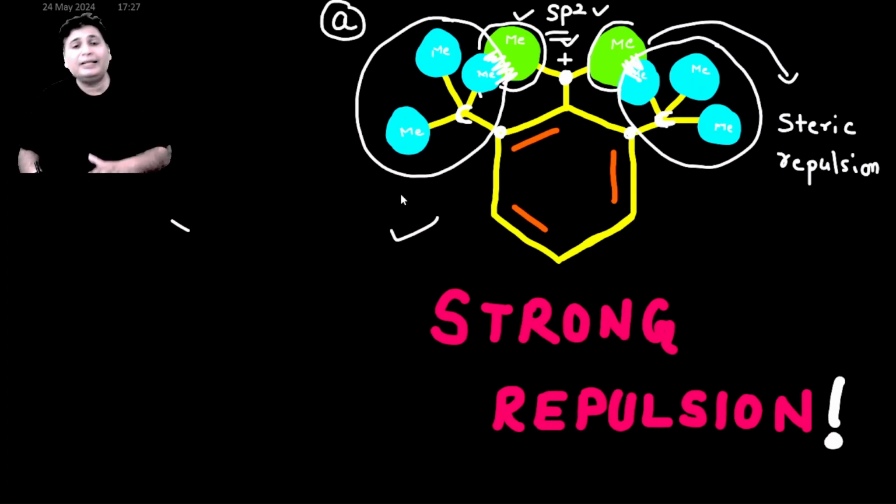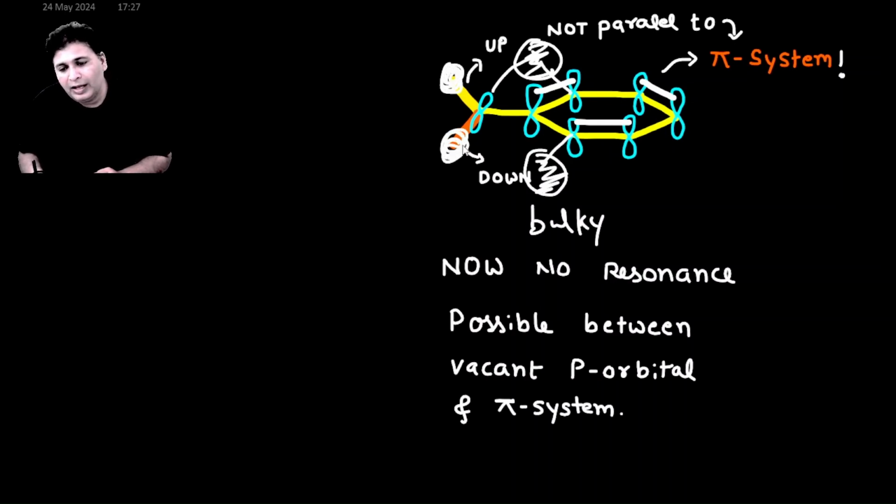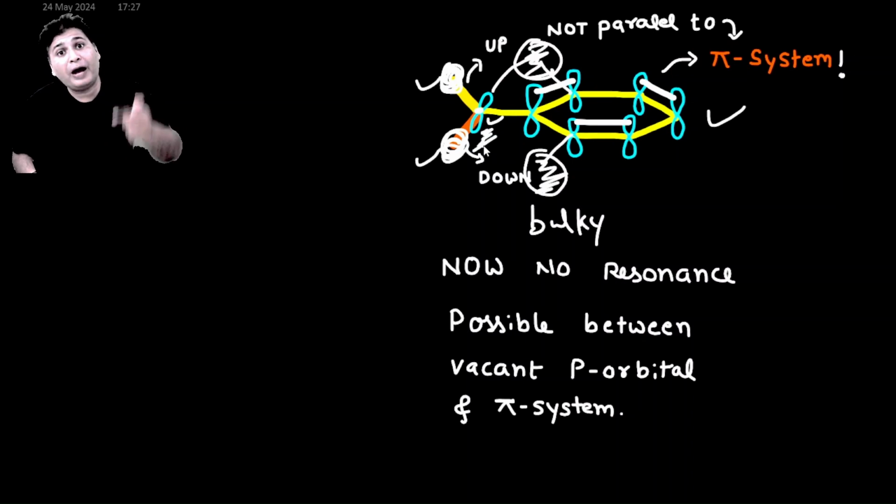So to avoid that repulsion, it turns its plane, and as it turns its plane, one goes up and one goes down. Now you can understand this is a plane, 1-methyl and this carbon, a plane which becomes perpendicular to the benzene ring, and as it becomes perpendicular, the vacant p orbital now becomes perpendicular to the pi system also.